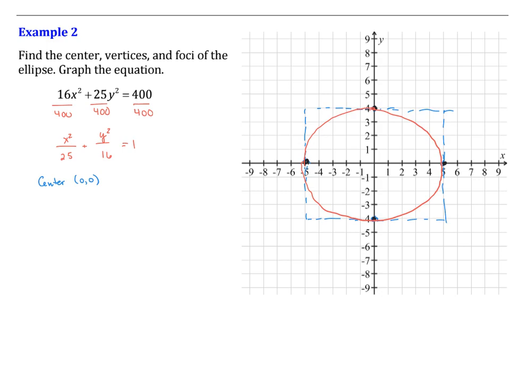And now we've gone further left and right than we have up and down, so our major axis is horizontal. So our vertices are negative 5, 0 and 5, 0, not the 0, 4 and the 0, negative 4.